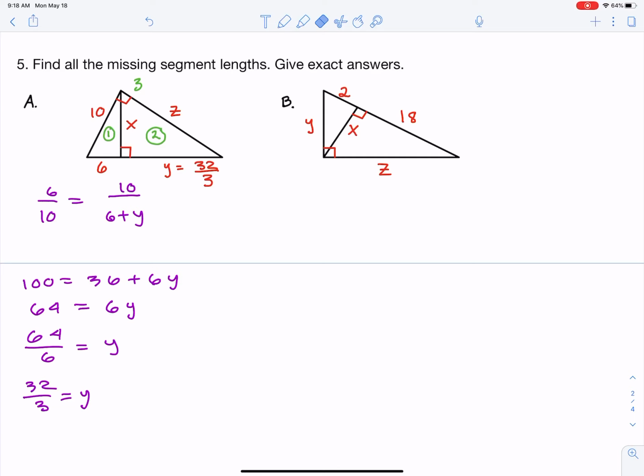I think I can. Let's make sure I have enough information. I do. I'd like to avoid using 32 over 3. Let's see if I can avoid using 32 over 3. So let's see.